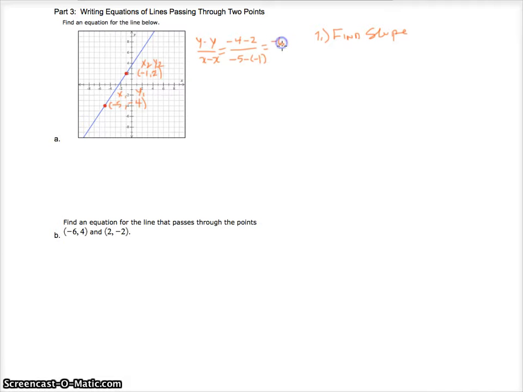This will give me negative 6. So negative 4 minus 2 is negative 6. Negative 5 plus 1, or minus negative 1, gives me negative 4. So m is going to reduce to 3/2.